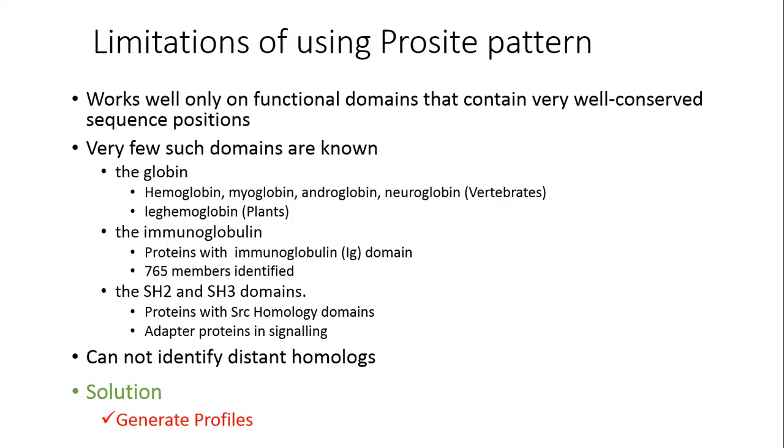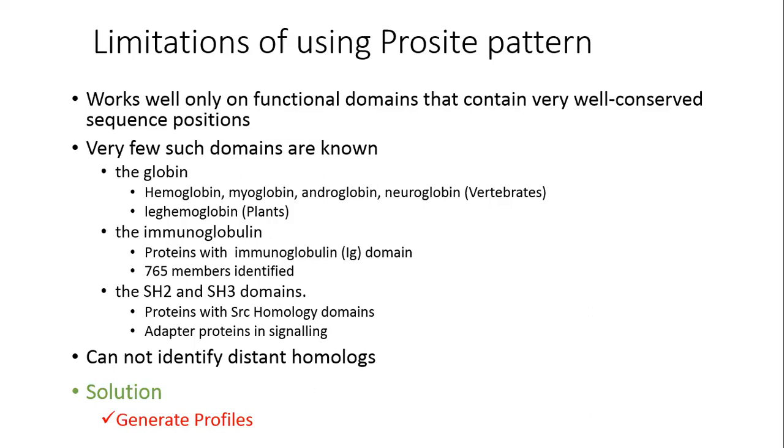Hence when the sequences are well diverged across different genera and species, it might become difficult to identify distant homologues. In such a case, your PROSITE pattern would be ambiguous. It would contain a lot of variation that would be very difficult to account for.